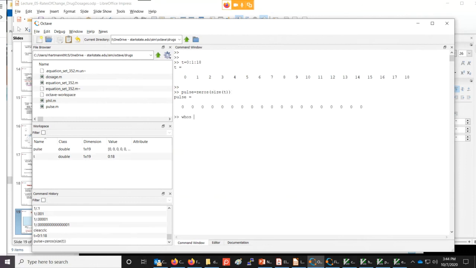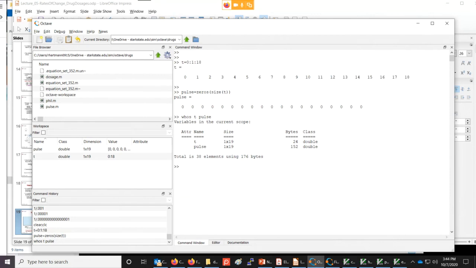Notice here, remember the whos command shows us the size. And so notice that t has 19 elements, right? Because it starts counting at 0, the step is 1, and it ends at 18. So there's 19 values of t.